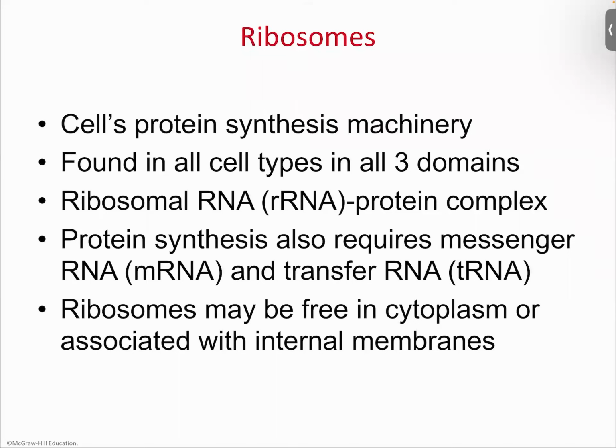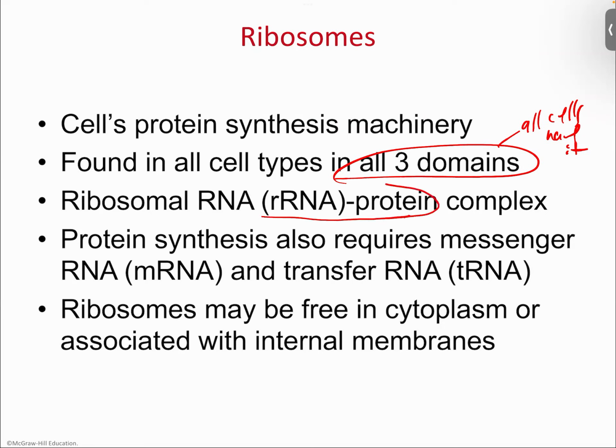So let's take a look at the ribosomes, right? The ribosomes are something that occurs in all three domains. That basically means all cells have it. It's a complex where you have ribosomal RNA and protein.